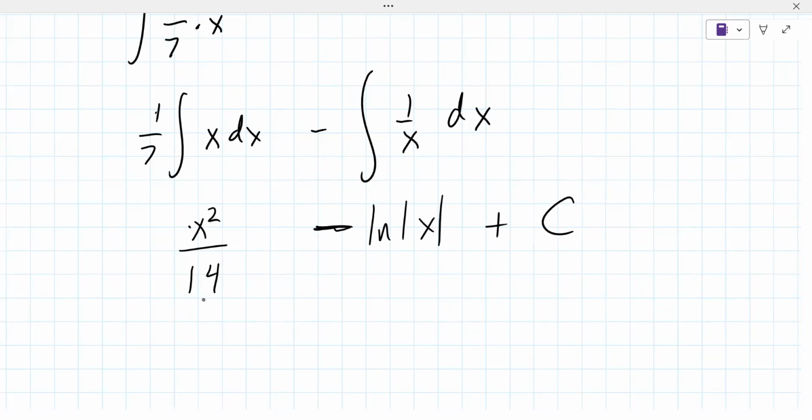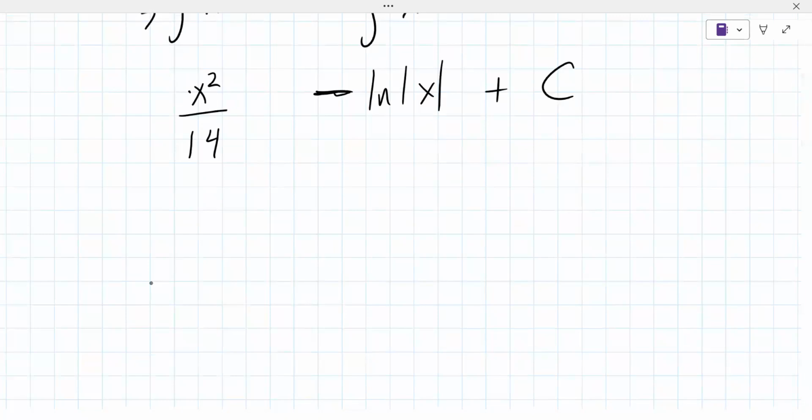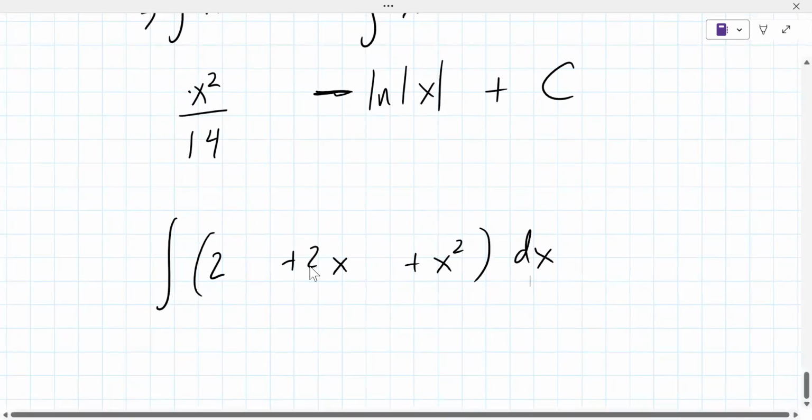Unfortunately, your class has kind of done you a disservice. I usually work with students where I give them problems like the integral of 2 plus 2x plus x squared, because I really want you to be able to work through all the iterations and be comfortable. These are all different, but they're all in the same general category of polynomials.